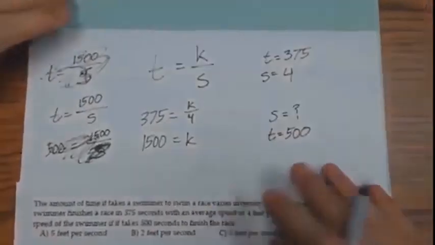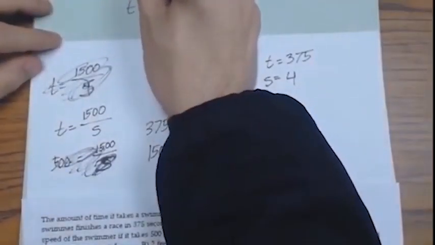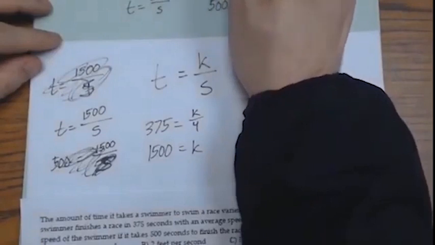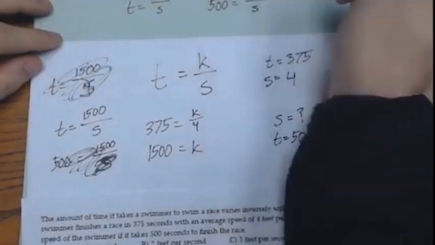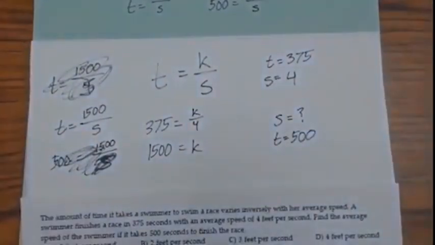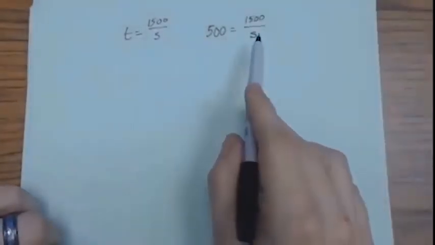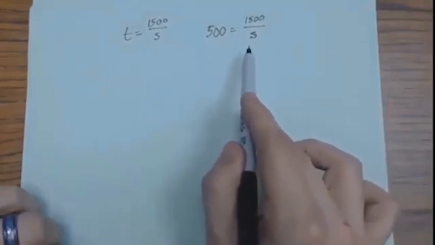numbers? Jeez. Okay, so we have t equals 1500 over S. We want to know when t is 500, what is S? Now, this is a little bit different than what we've done before, because now we're solving for something that's still out here.